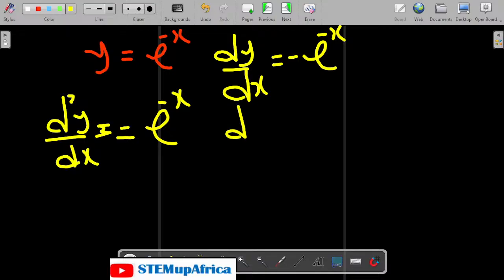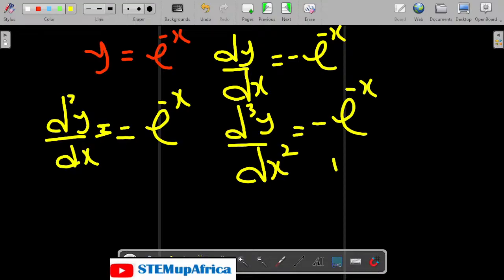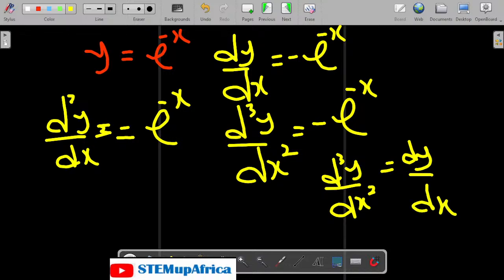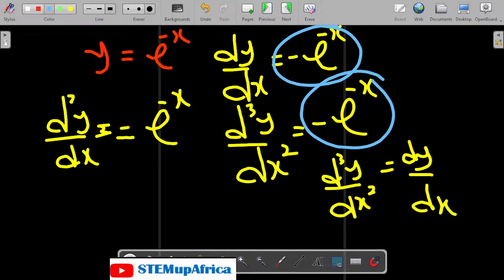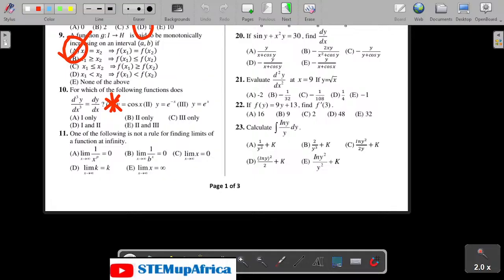Then d cube y over dx cube, if I differentiate again, I'm going to have minus exponential minus x. So we're having d cube y over dx cube equals our dy dx, because the two values are the same. So the second condition holds. And also the third condition will hold. When you differentiate exponential x in multiple cases, you also get exponential x. So we have 2 and 3, which is option E.